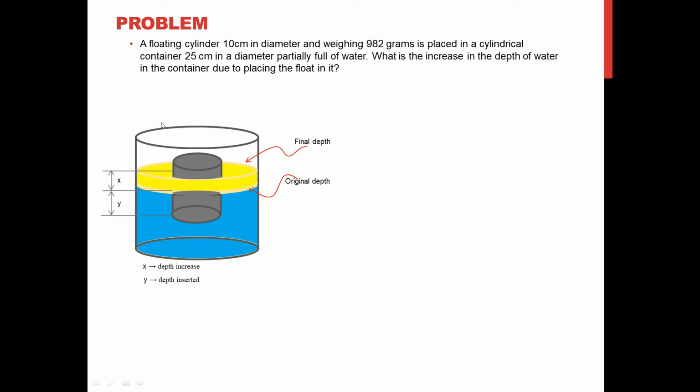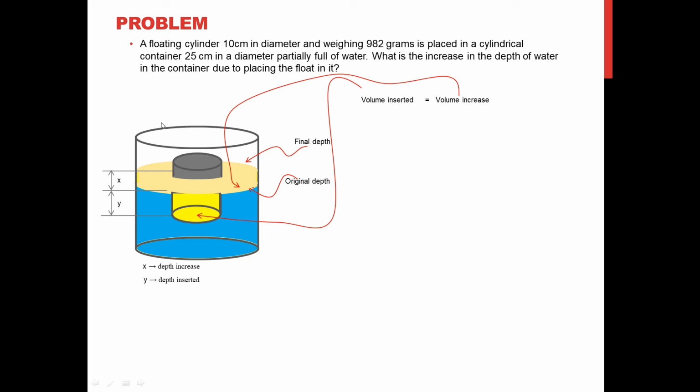So notice that the space occupied by this depth inserted will be the corresponding space of the depth increase. Okay? Again, the depth inserted here is equivalent to the depth increase. So this is the volume inserted. That will be equal to the volume increase. So that's the logic.